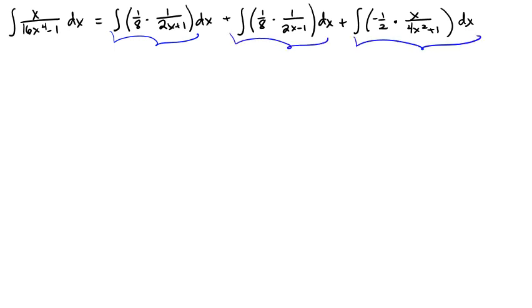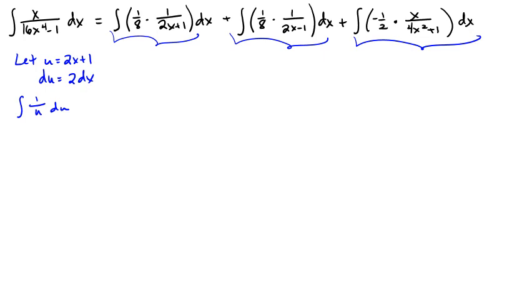And when we integrate these, you certainly can use a u substitution. If you use a u substitution here, you would let u equal 2x plus 1. So then du is equal to 2 dx. So when you do that, you will end up with integrating 1 over u du, and you'll get 1/2.